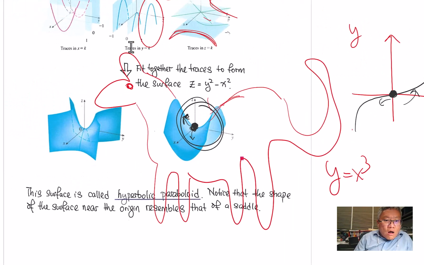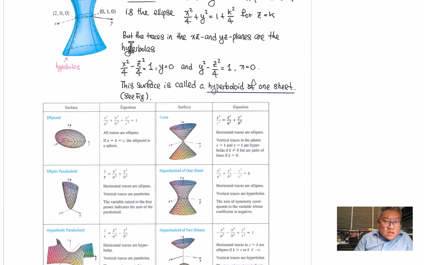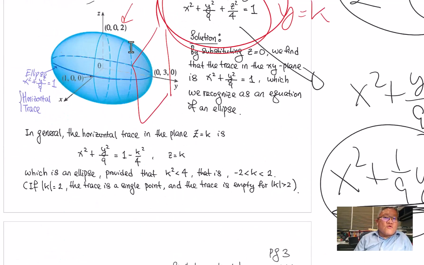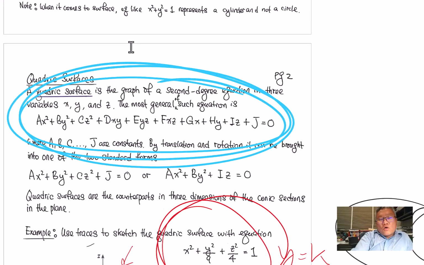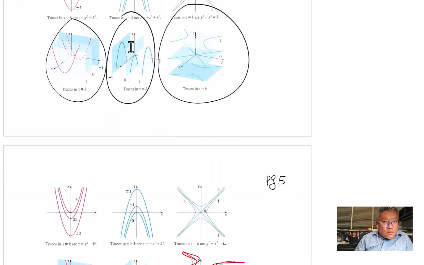So I will direct your attention to the other surfaces that you are seeing here. These are called the quadric surfaces. Quadric surfaces are just any surfaces that can be written like that in general form. We have been investigating some of the very typical quadric surfaces.